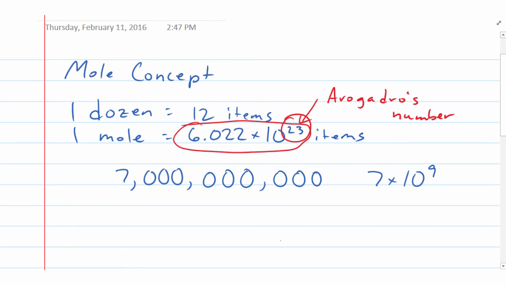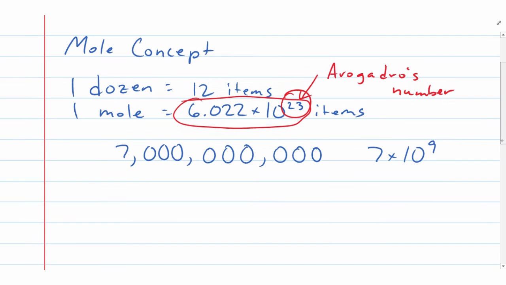But if we just change it from 7 times 10 to the 9th to 7 times 10 to the 10th, there would then be 10 times that number of people. And if we put it times 10 to the 11th, there would then be 100 times that number of people. And so you can see here, once we start getting those exponents on there, these numbers really grow beyond what we might imagine them to be. These numbers get to be really, really big.